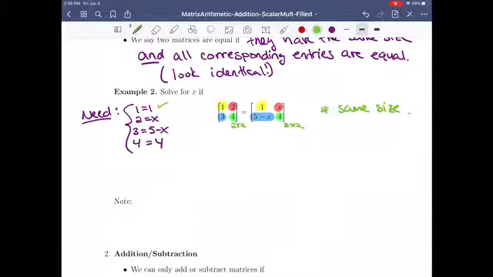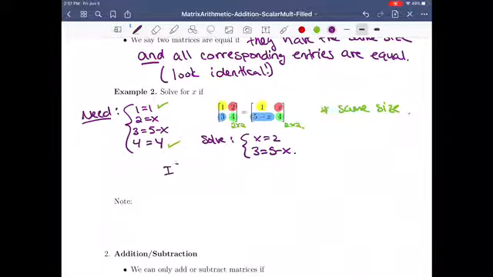The first one and the last one are obviously true because they're just the same number. So what we want to do is solve the system: x equals 2 and 3 equals 5 minus x. We can do this with substitution or any other method you'd like. I made it pretty obvious, hopefully.